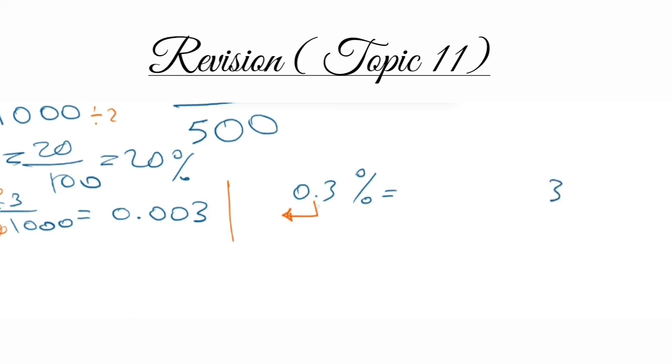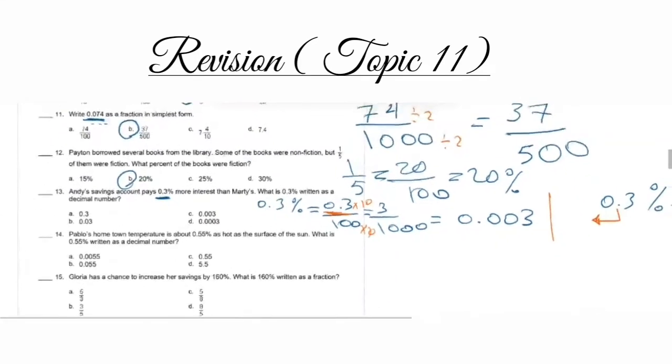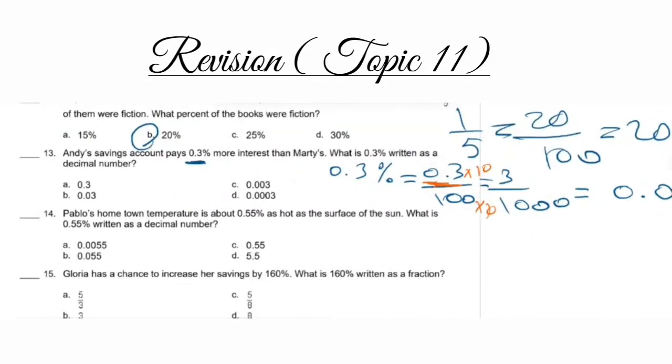We have 3 here and 1, 2, so we need here another 0. And after that, place the point. And now we don't have a whole number, so it's 0. And the answer is the same answer, which is 0.003. Back to the question. You will find this answer is C.